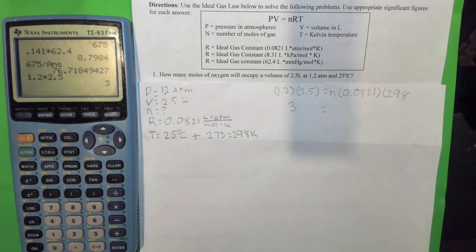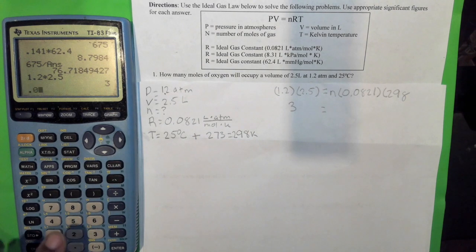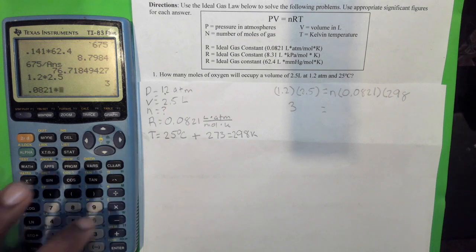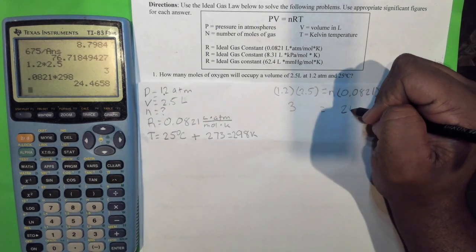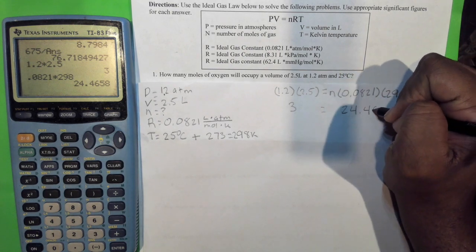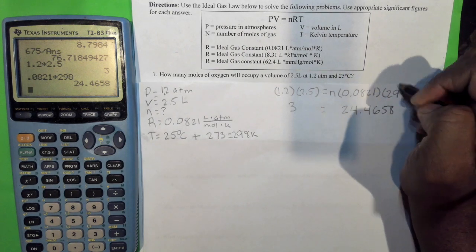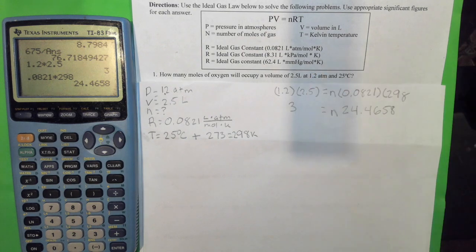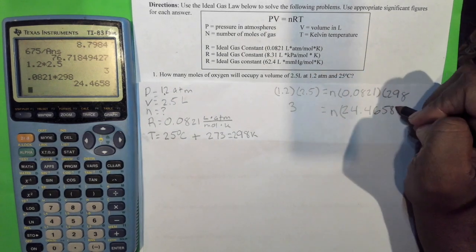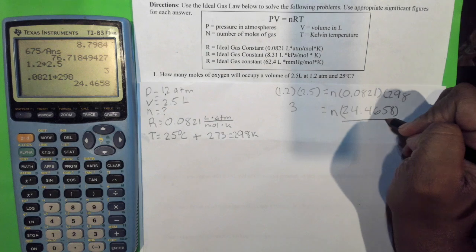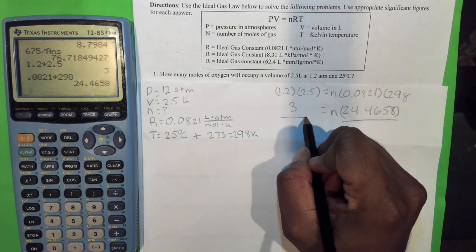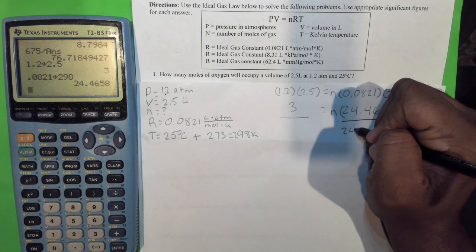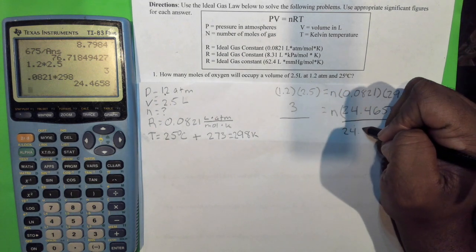And then now we're going to multiply 0.0821 times 298, which gives us 24.4658. And we still have this N. We want to get the N by itself. These are being multiplied, so we're going to have to divide both sides by 24.4658.